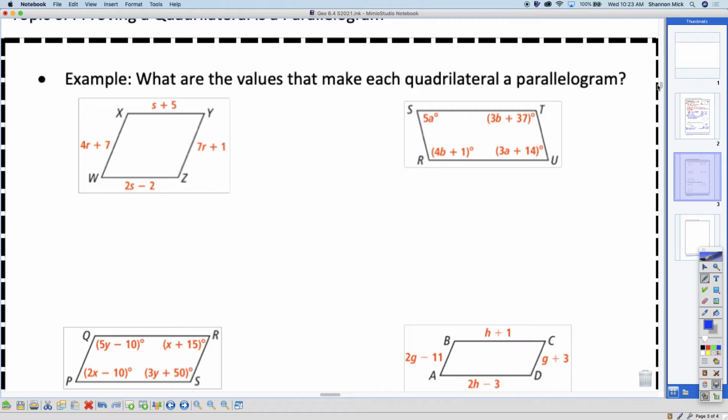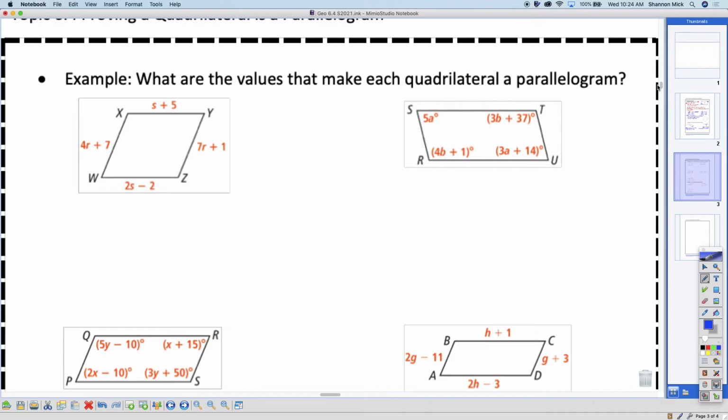How do I know I'm talking about sides on the first one? Because I have information about the sides. What does the second one deal with? This one is angles, because I have the information about angles.